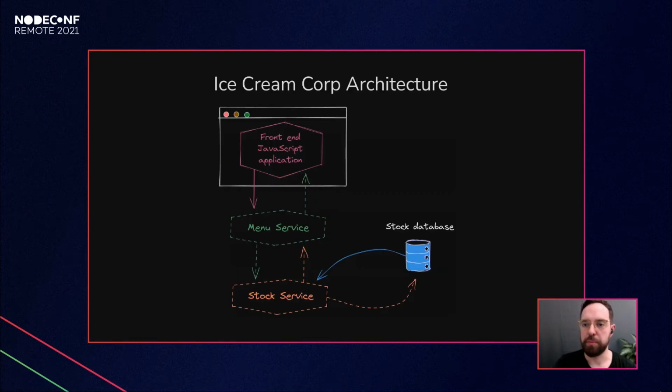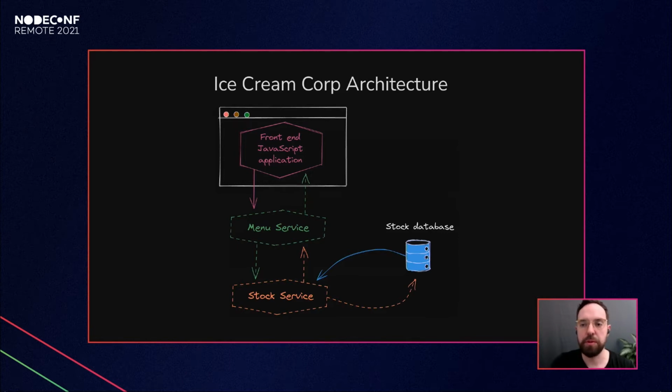So Ice Cream Corp have some serious problems. They've got a pretty common service-based architecture. For the millions of people around the world who are trying to find the Ice Cream Corp menus, they're going to their website. That is a front-end JavaScript application, which loads in the user's browser, and it makes an HTTP request to a menu service.